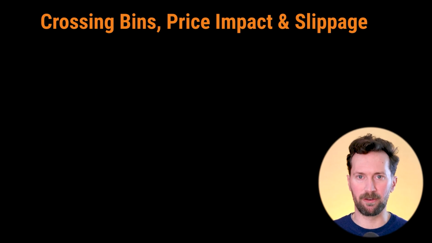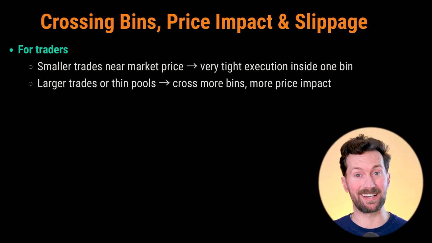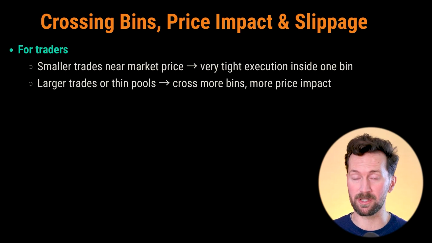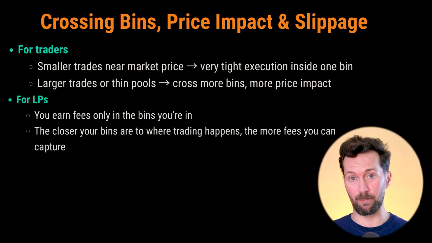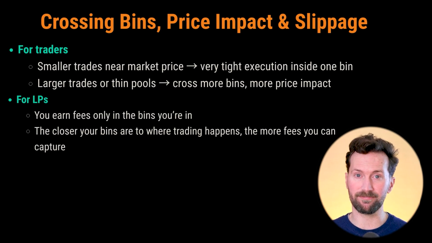From a trader's point of view, smaller trades around the market price can enjoy very tight execution inside one bin. Very large trades or trades in thin pools will cross more bins and experience more price impact. From the perspective of an LP, you earn fees in the bins you're in. The closer your bins are to where trading happens, the more fees you can potentially earn.